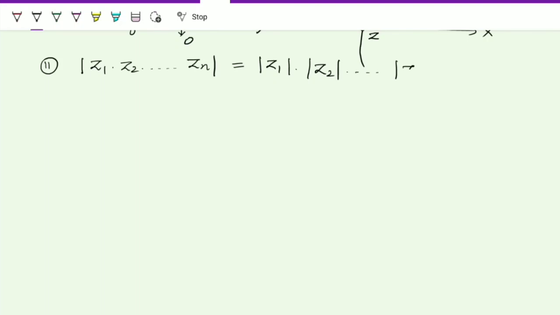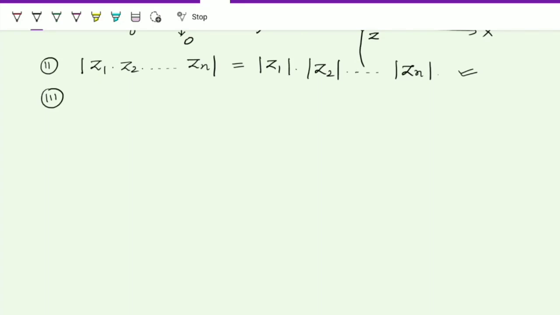Now let us consider the second property: modulus of z1 multiplied by z2 multiplied up to zn is given by mod z1 times mod z2 and up to mod zn.